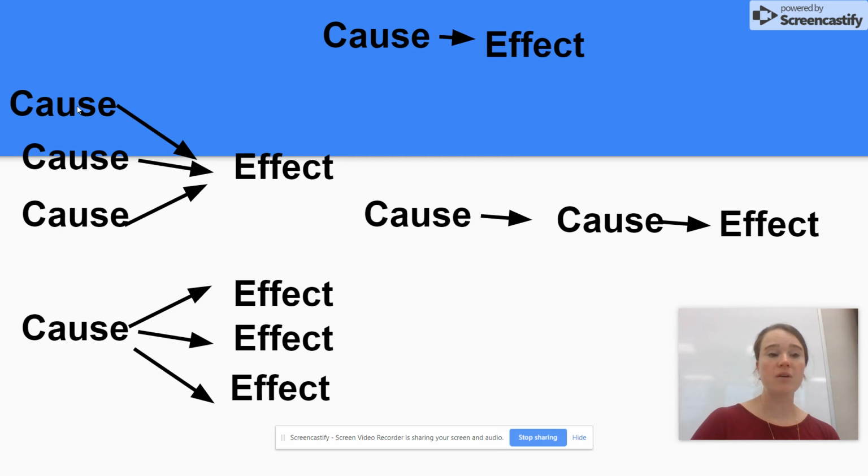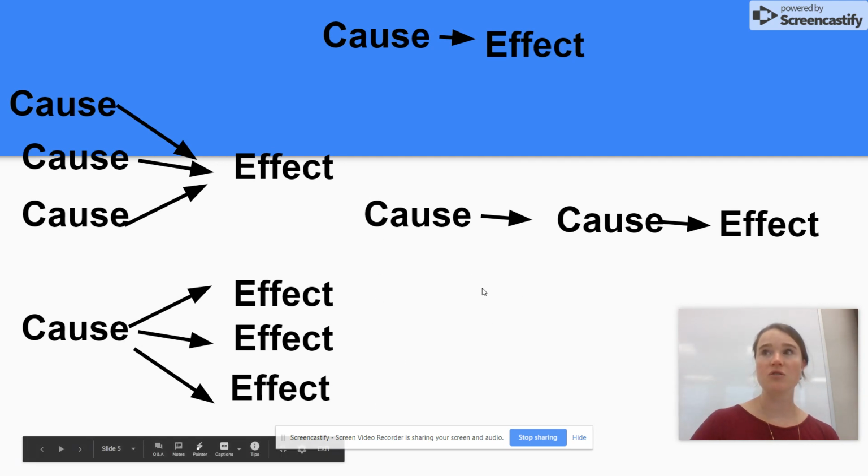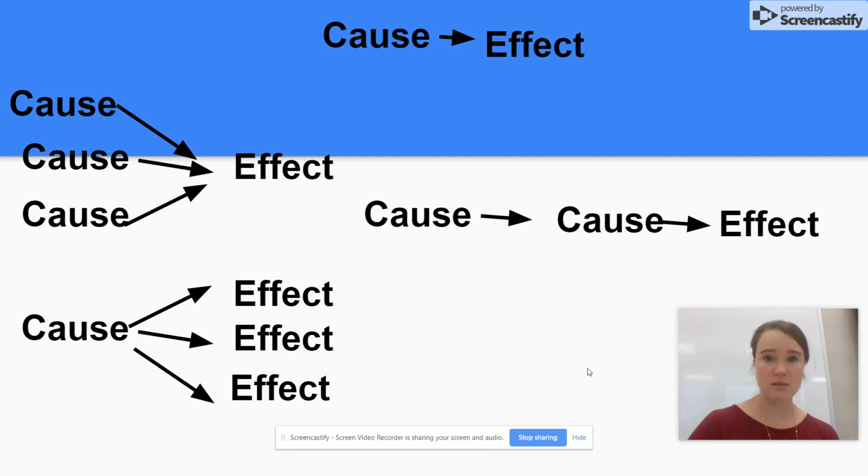Maybe you have a cause that led to a cause that leads to these three effects. So change this however you like. Sometimes you can have these two causes create this effect, which then creates these two causes, which then creates these three effects. Whatever shape or version you need to have of this for it to make sense, go with it. But always be looking for what made something else happen.